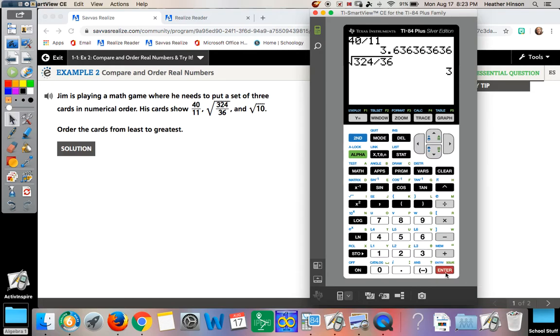That one gave us 3. And then the last one, square root of 10. So again, second x squared, and plug in your 10. So we have 3.63 repeating, 3, and 3.16 with a long decimal.